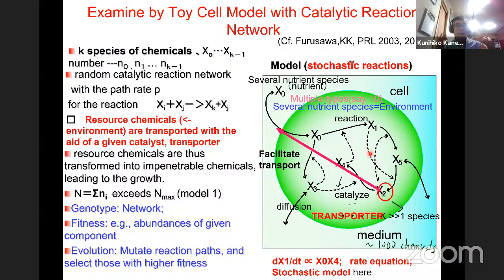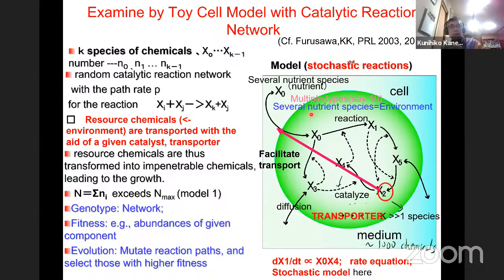And the reaction network is assumed to be determined by the gene. The gene determines the reaction network because which enzyme is produced is determined by the gene. So that's the rule for this. And if this reaction works well, then taking nutrients, this cell can grow.